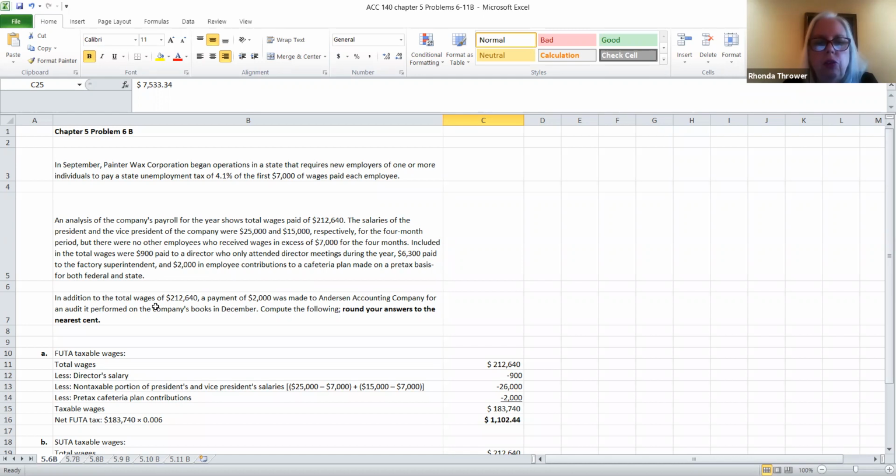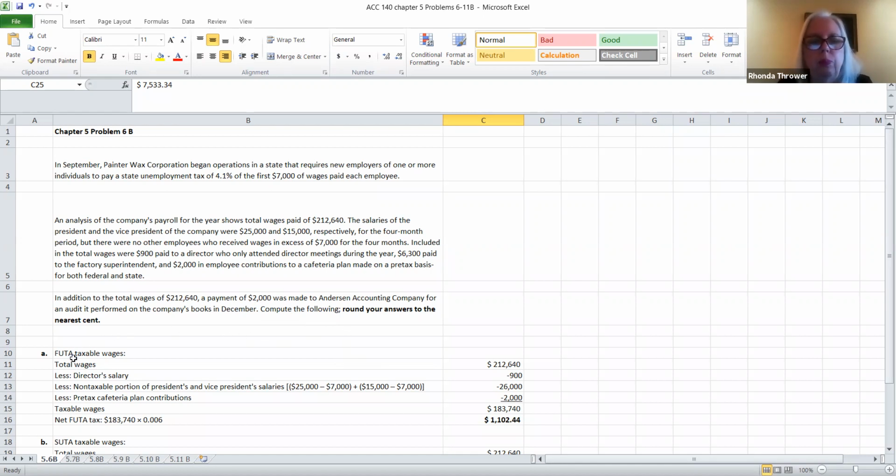In addition to the total wages of $212,640, a payment of $2,000 was made to Anderson Accounting Company for an audit it performed on the company's books in December. This is not applicable to this problem. Compute the following, round your answers to the nearest cent.